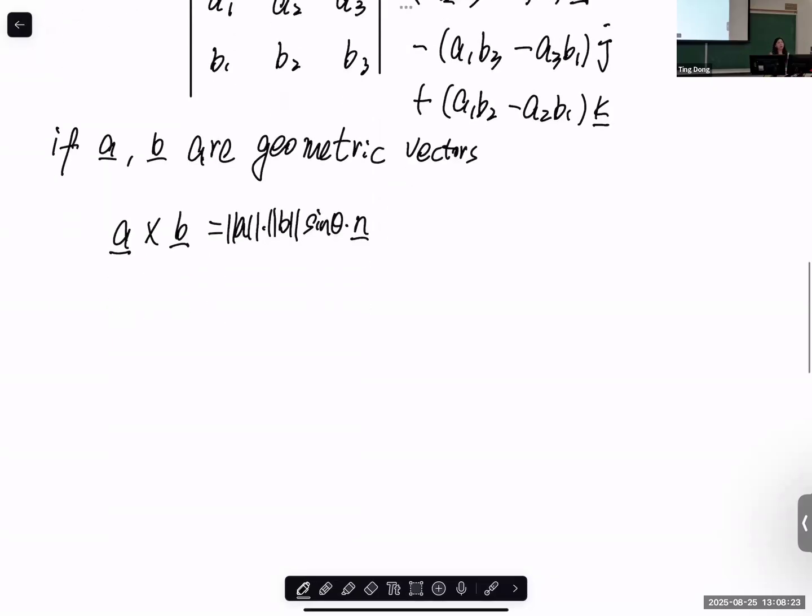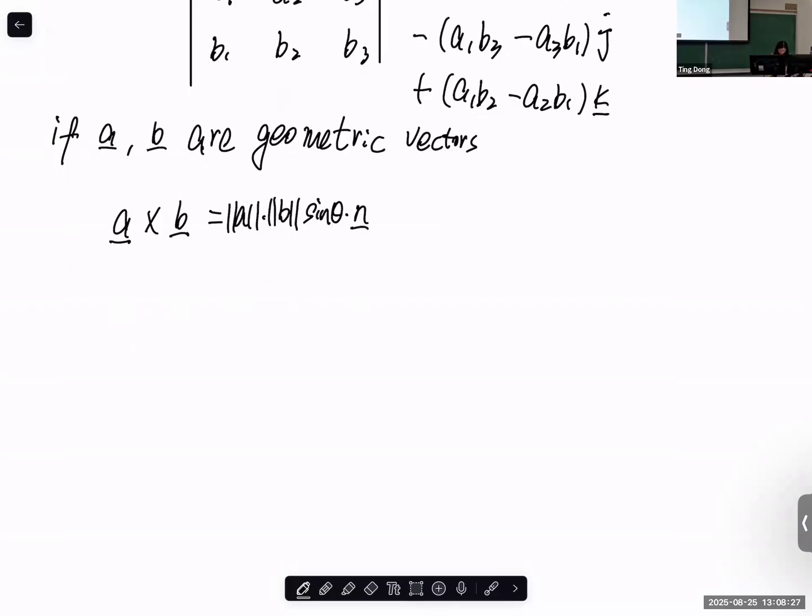So for defining the unit vector, let's do a simple illustration here. Let's say we have the A vector and the B vector, and using the right-hand rule, we know that the unit normal vector should be in this direction.